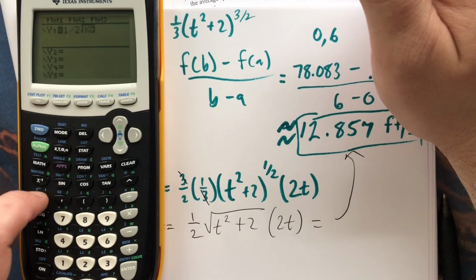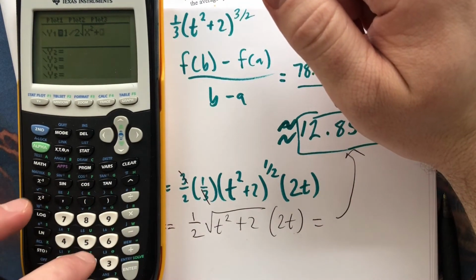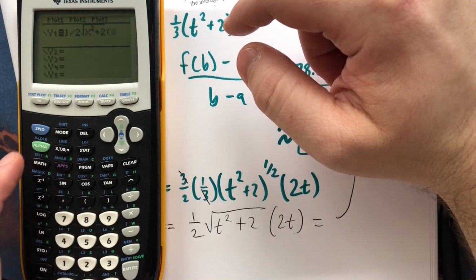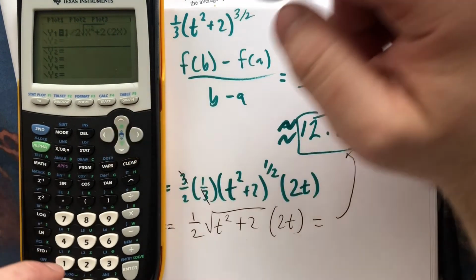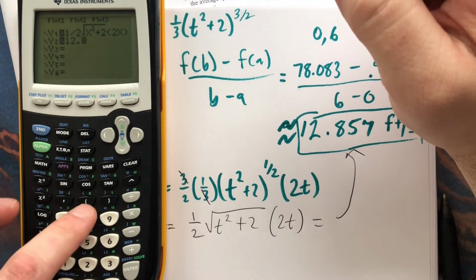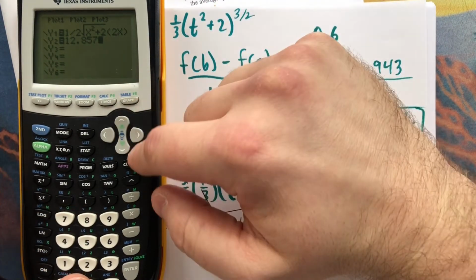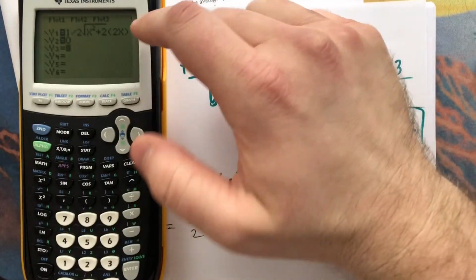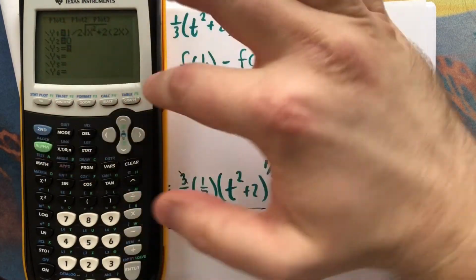Since I just deleted it, I'm going to do a more normal way. Oops, what I meant to do was push alpha O, right? So we just got O. I don't have to retype anything.